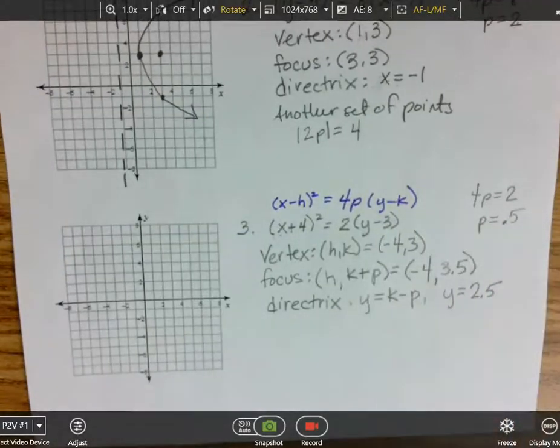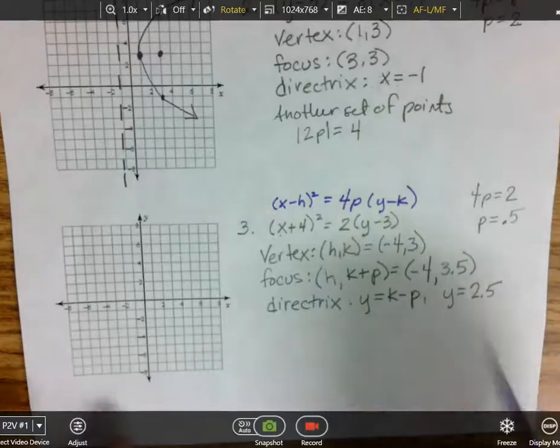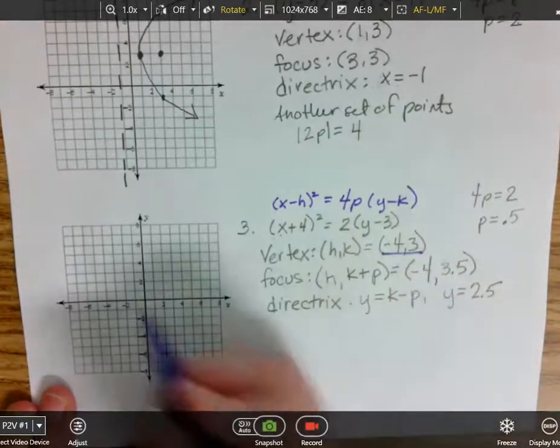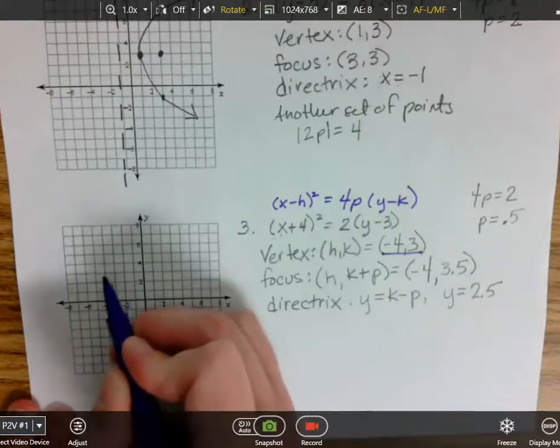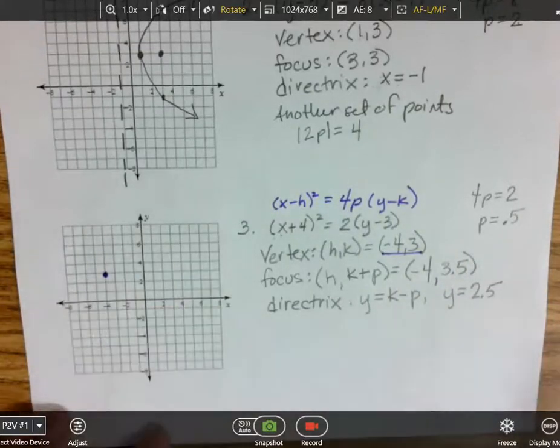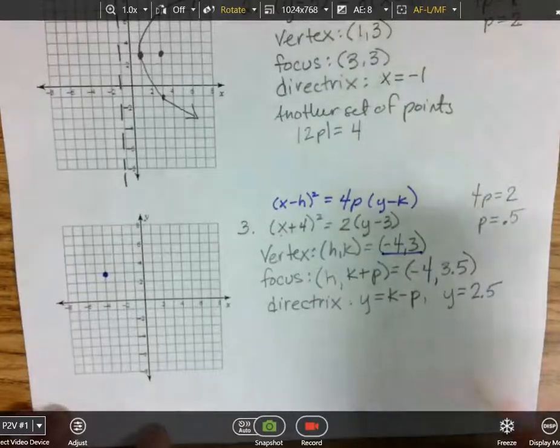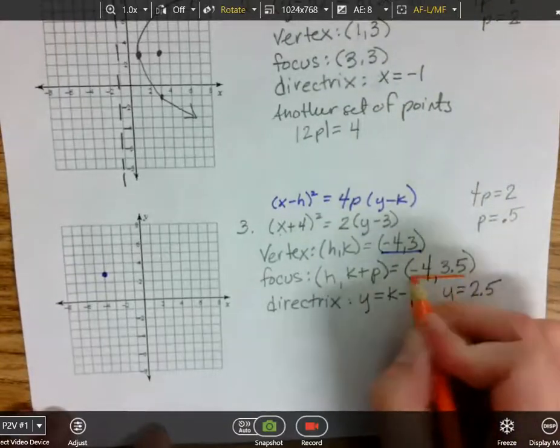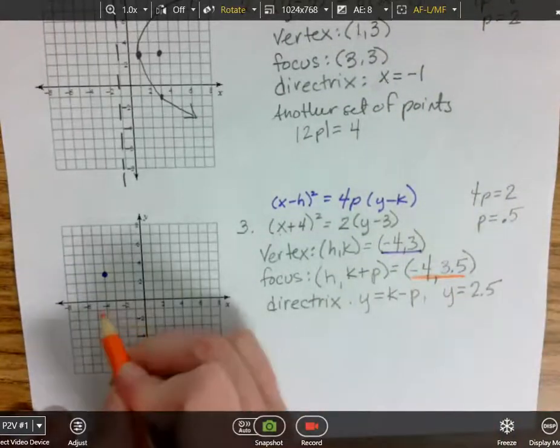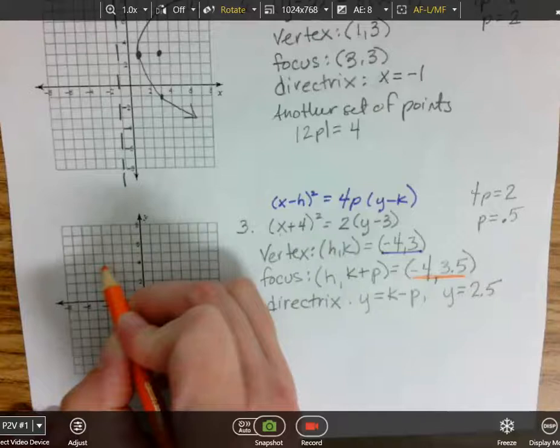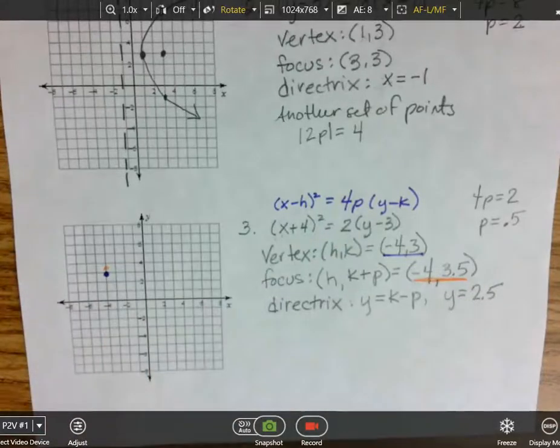So let's graph that before we go any further. I'm going to graph my vertex, and my focus, and my directrix.